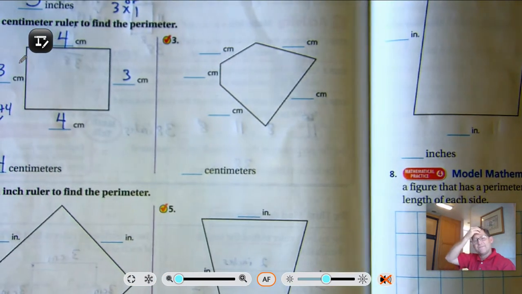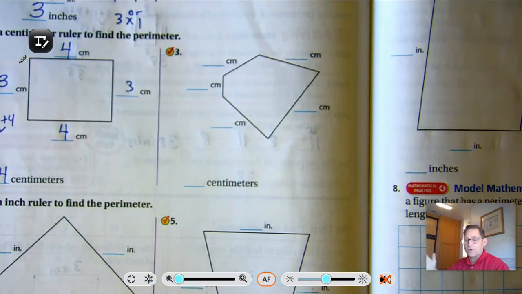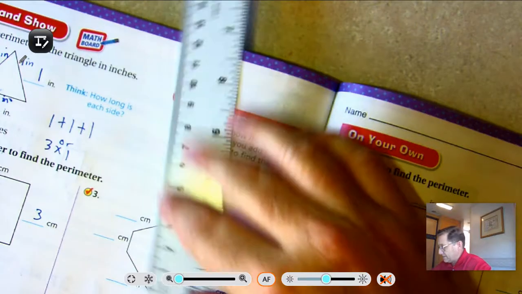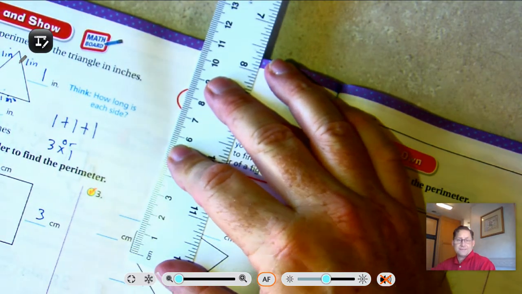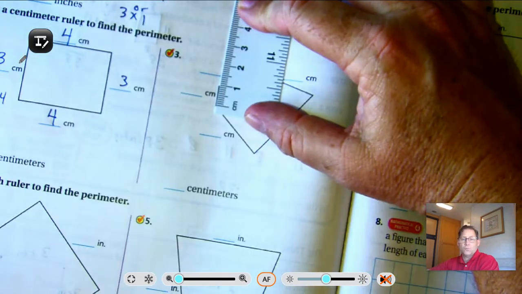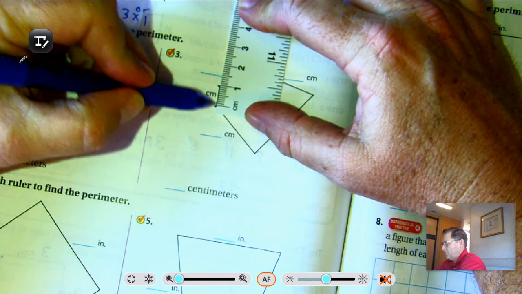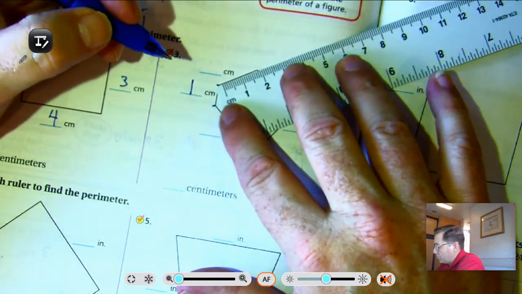Number 3. So this time we have 5 sides, but it doesn't matter. To find perimeter, we just add up all the sides that a shape has. All right, so let's measure this little guy. And that's right at 1 centimeter. It stops right here, 0 to 1. Okay, going around it now.